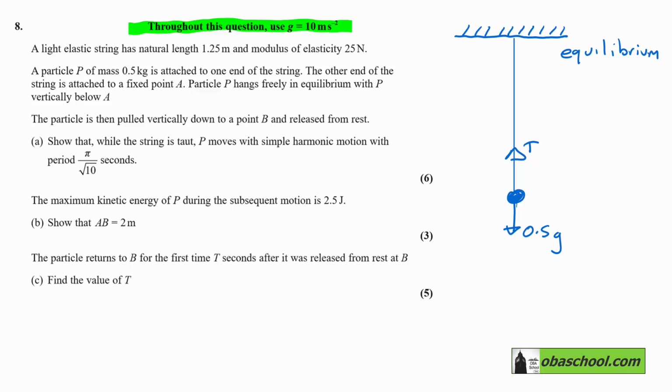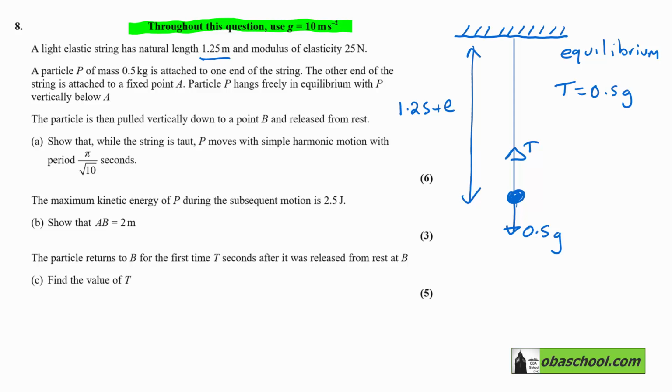In other words, T is equal to 0.5 g. And we know the natural length is 1.25, so in this position, this distance is going to be 1.25 plus what I'll call E for extension. So as just mentioned, at equilibrium, T is equal to 0.5 g.